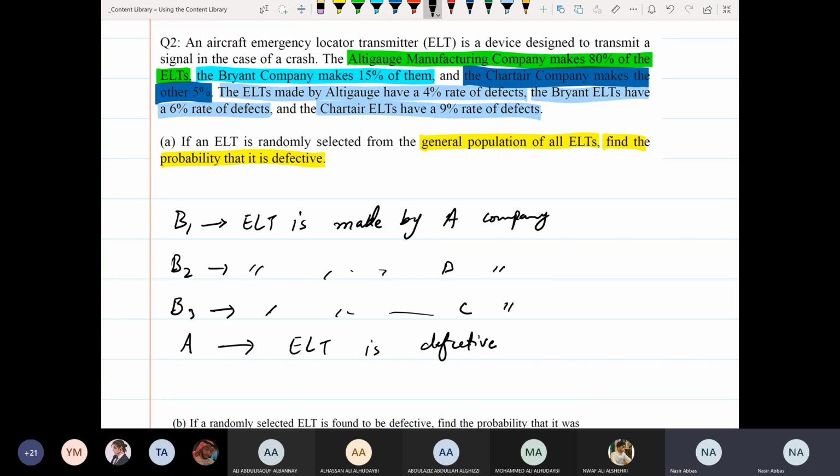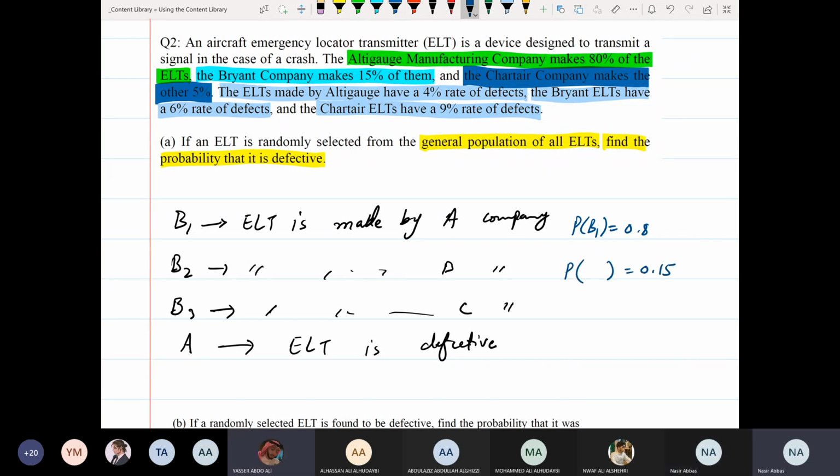Now I want you to tell me what is the given information. First, the green part. What is the green part? There is 80% chance that the product is manufactured by A manufacturing company. What is this? Nawaf. Probability of B1. Probability of B1 is 80%. Yasir, what is the probability 0.15?